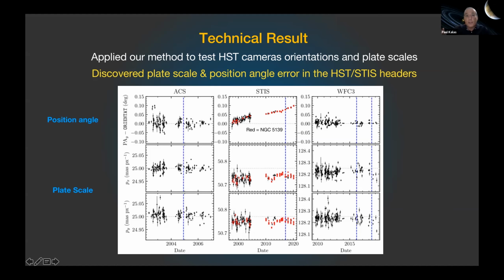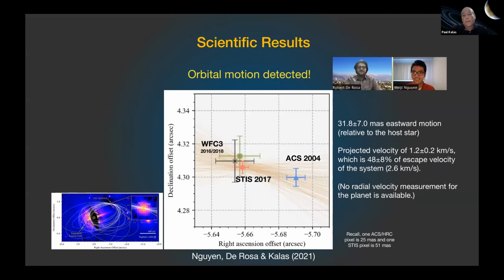But the scientific result is that we detected the orbital motion. The two most constraining points were the ACS data point from 2004 and the STIS data from 2017. We found roughly 32 milliarcseconds eastward motion, and this corresponds to a projected velocity of 1.2 kilometers per second, which is half the escape velocity.